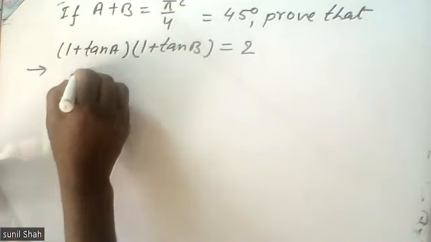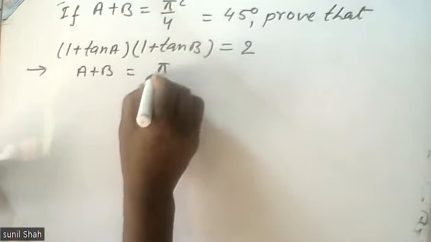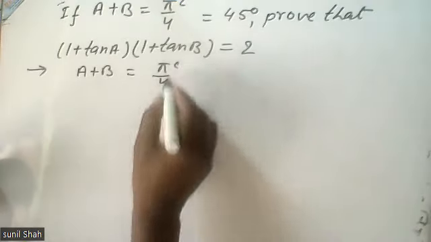Start with this: A plus B is equal to pi by 4, that is 45 degree.